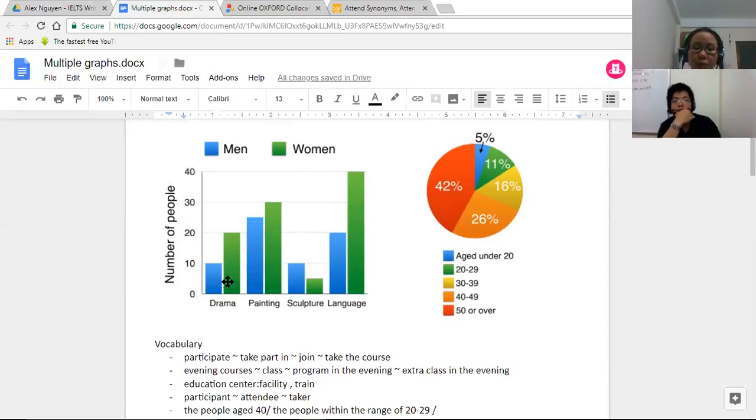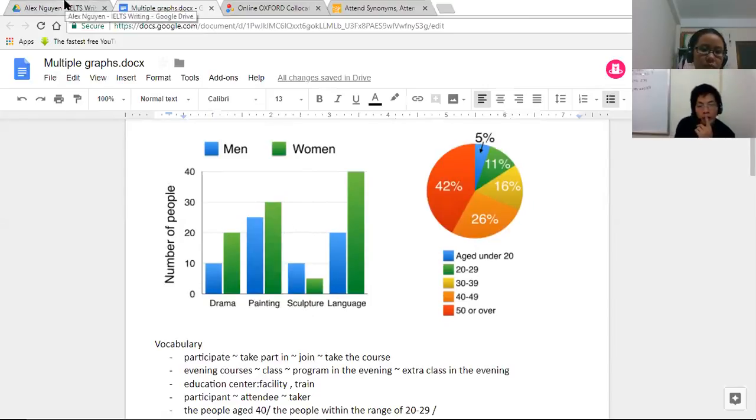You say in drama, okay, maybe in painting, there were 30 women, but in sculpture, the number fell to only 5, right? So you can still use decrease or increase here, but there are some cases you cannot use such language because there's no timeline.